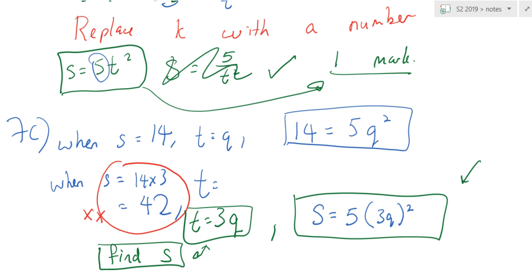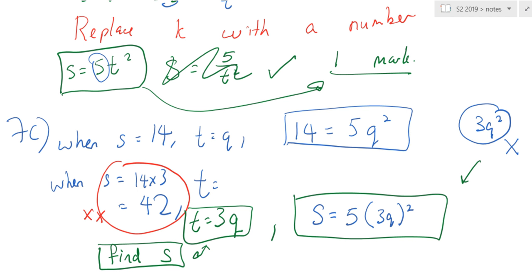So my question is, is it 3q whole thing square or is it just 3q square? Is this correct? Wrong. Why is this wrong? Because this one, the square only belongs to q. But they say it's t square, right? T square. That means what? 3q times 3q. So therefore, I must have 3q, the entire thing square. Understand?